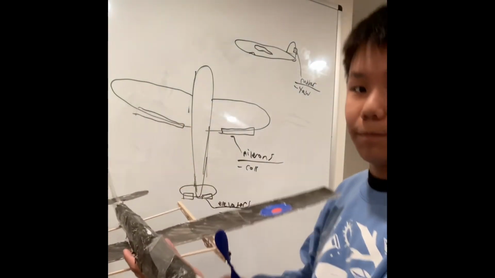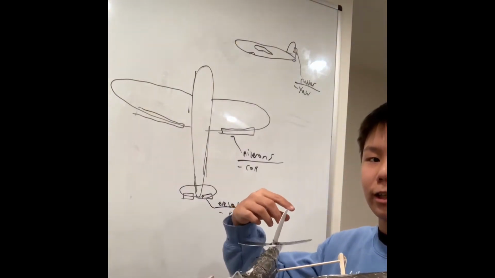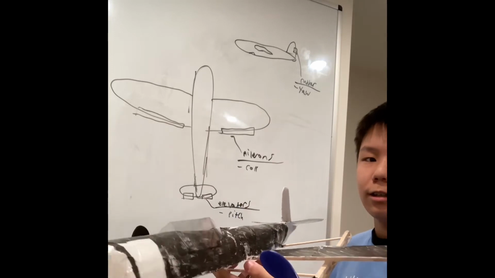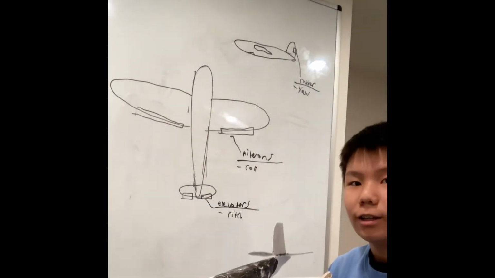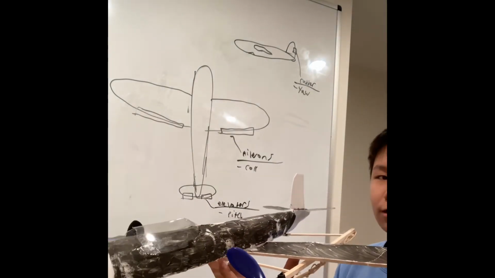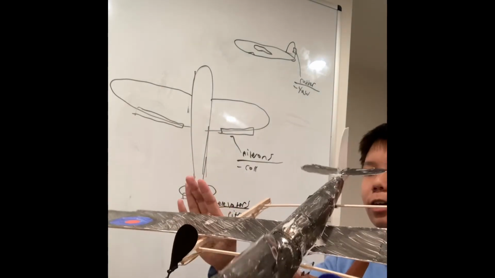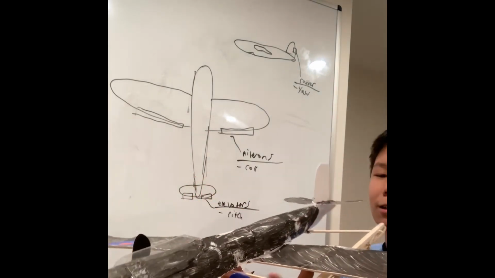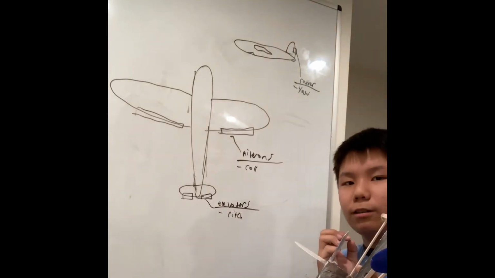So how would you steer this airplane? You could either steer it by using yaw, which is your rudder, to go like this. Or you could use ailerons to control your roll. So if you wanted to roll right, you would increase the flap here and decrease the flap here, or something like that. And then it would basically go like this.